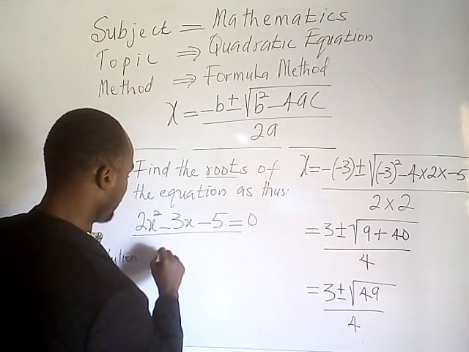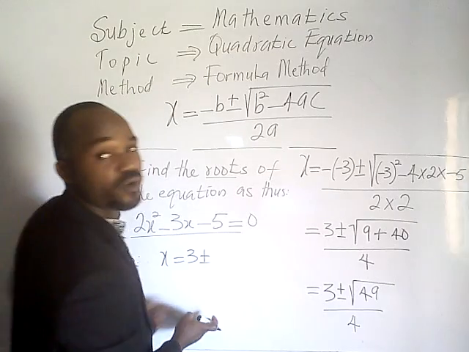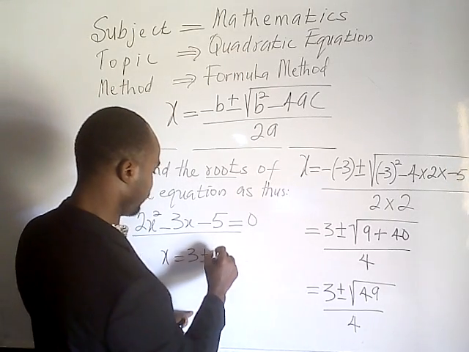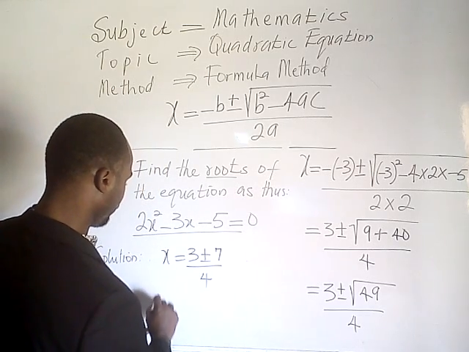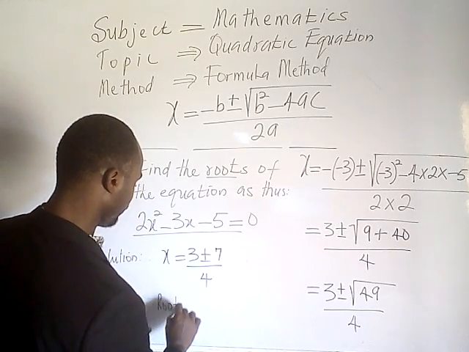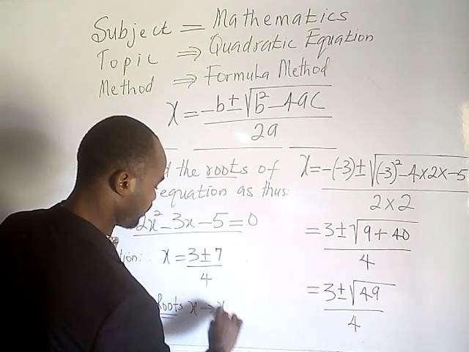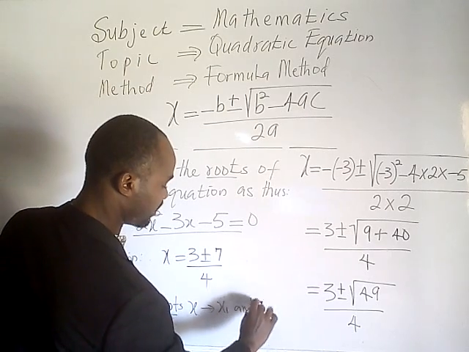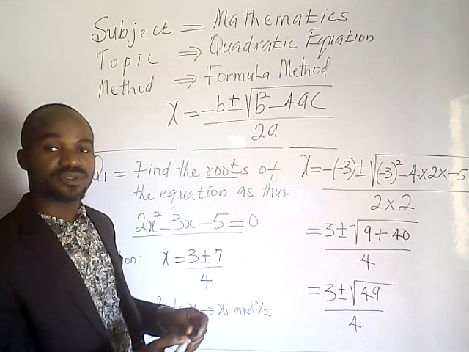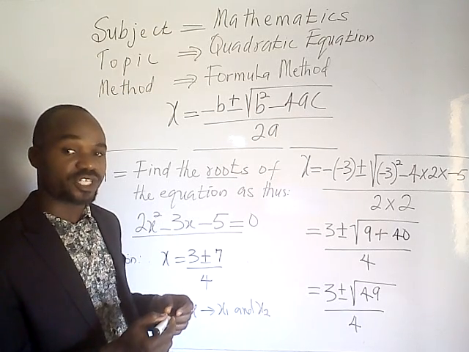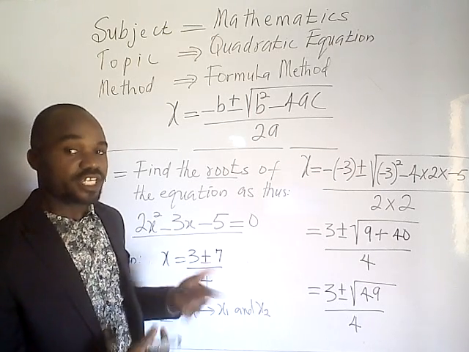So x remains 3 plus or minus the square root of 49. The square root of 49 is just 7, all over 4. Finding the roots, x boils down to x1 and x2. Remember I said earlier that I use x1 and x2 as my own personal concept to differentiate the two roots, since x could be positive or negative.